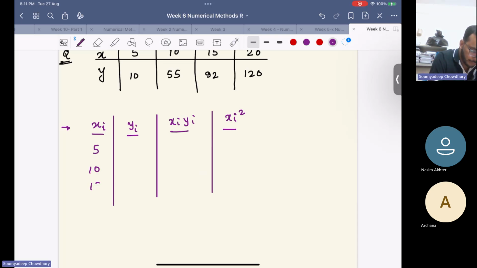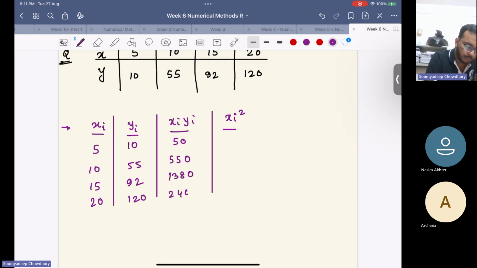Xi is 5, 10, 15, and 20. Yi is 10, 55, 92, 120. Xi yi, just you multiply x and y, right? So it is 50, 550, 1380, 2400. Xi square, right? 25, 100, 225.